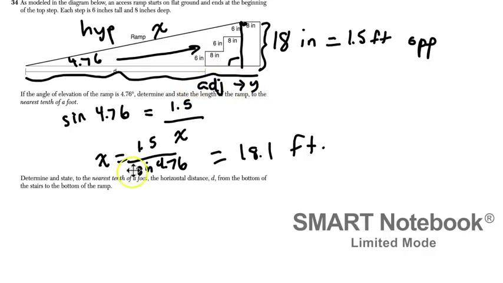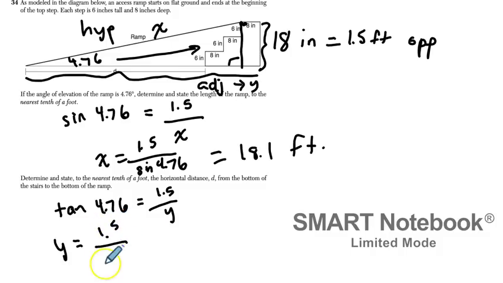So if I call this y, I can set up an equation where I say the tan of 4.76 is equal to opposite, so 1.5 over adjacent, or that distance is equal to 1.5 divided by tan of 4.76.